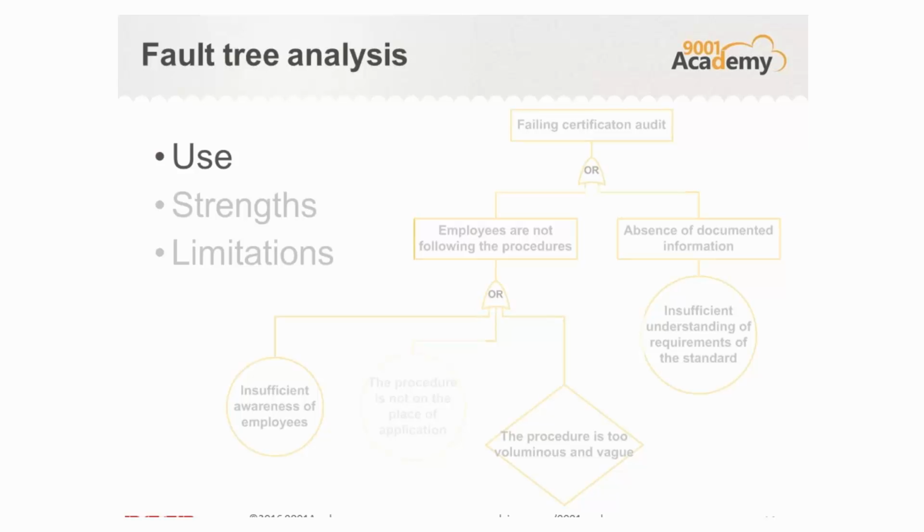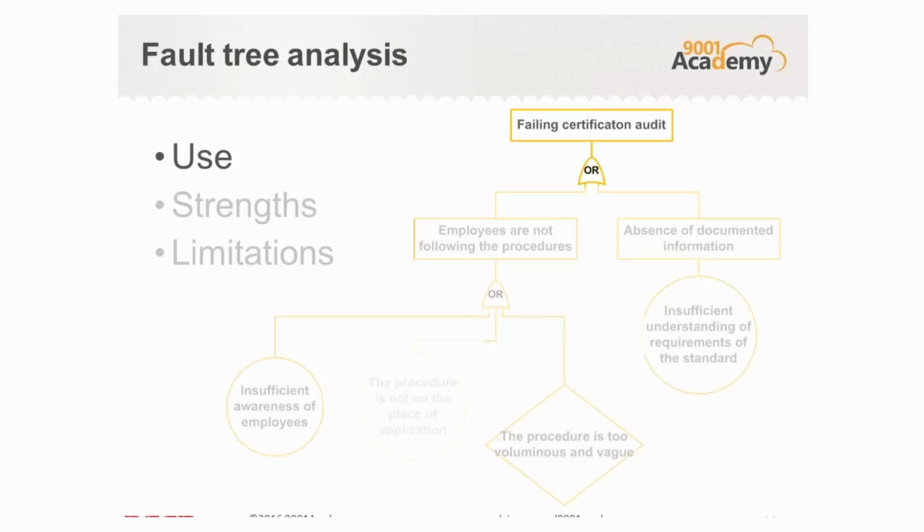I will show you now in this simple example how the fault tree analysis is conducted. Our case study is some organization that has decided to implement the ISO 9001 by itself and get the certificate. First, you need to define the top event to be analyzed.